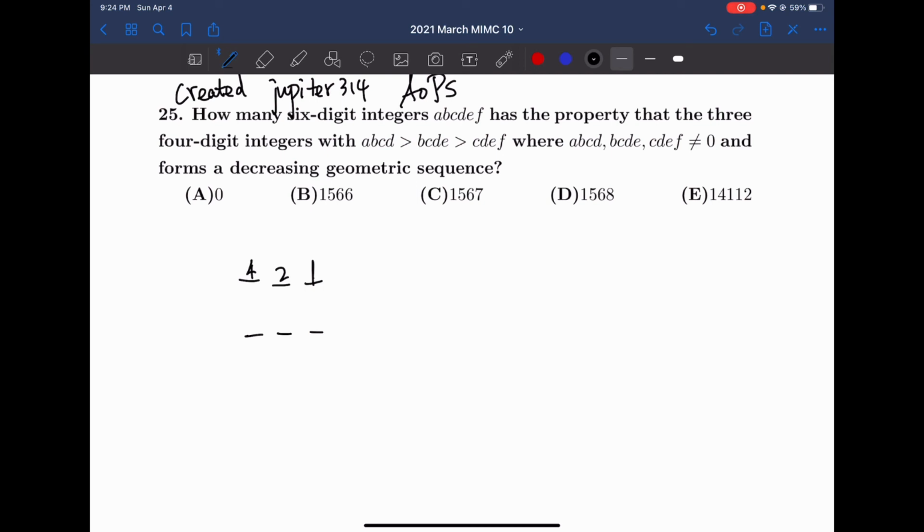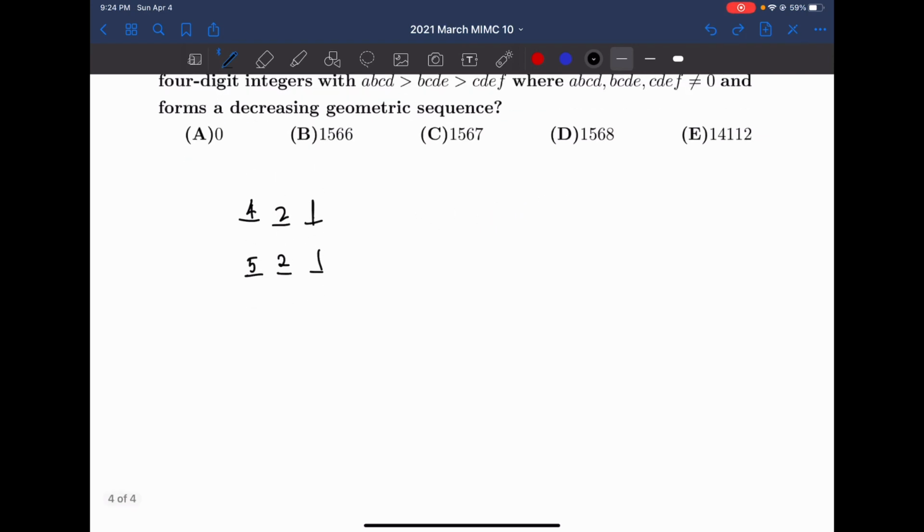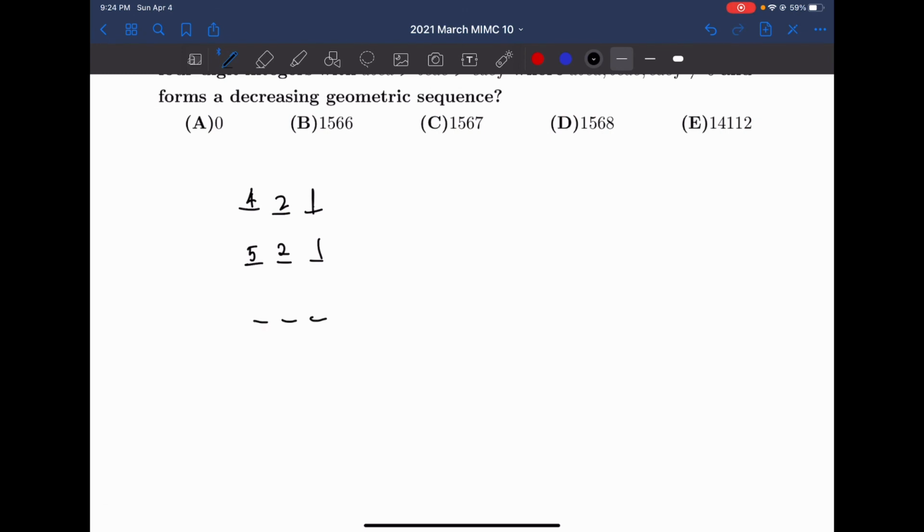It can also start with 5, 2, 1 as well, because 2500 times 2 can start with 5. It can also be 1, 3, 9 with 3 as our common ratio. So let's just write it down: common ratio 2, common ratio 2, common ratio 3.